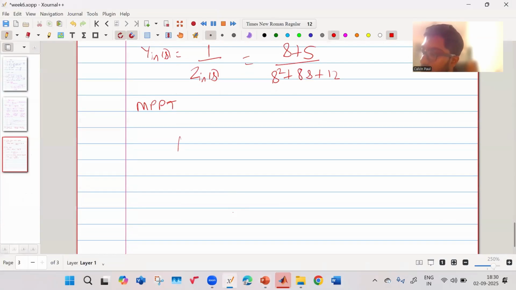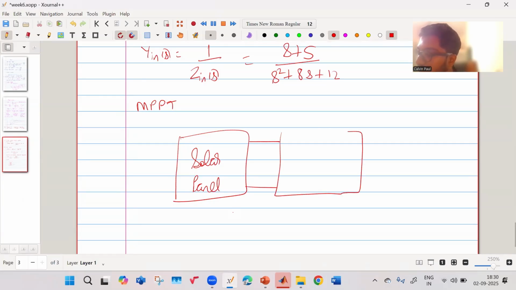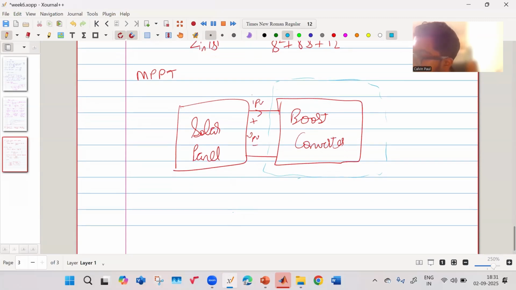MPPT means what? You have your solar panel, and usually we use a boost converter. This is your VPV, this is your IPV. When this whole block is seen by your solar panel, it is effectively seen as your input impedance.